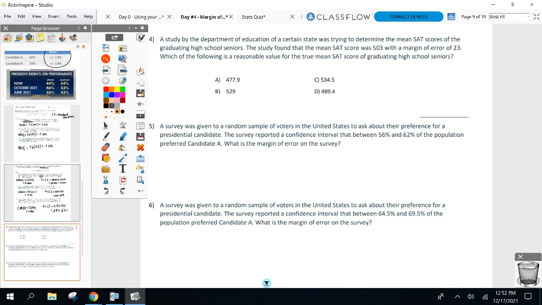Well, I got to find a confidence interval. And be careful here. Do I need to find the margin of error? No, it's already given. I got to read carefully. So I'm going to go right to the confidence interval, a mean of 503 plus or minus 23.